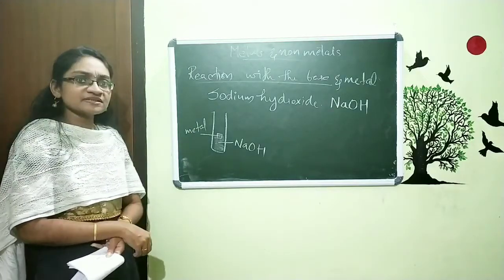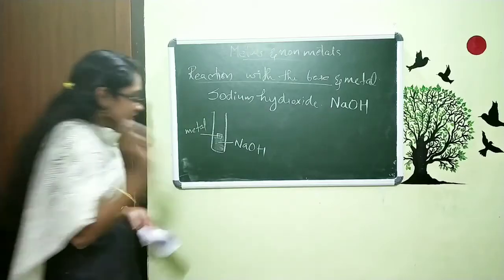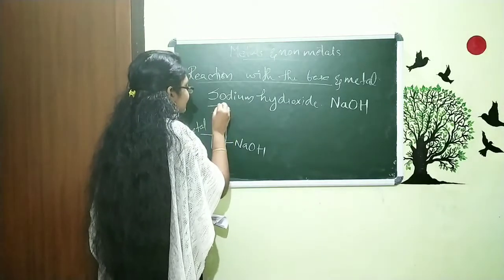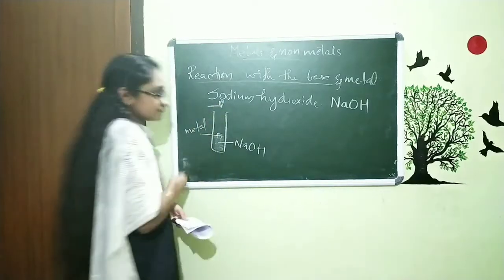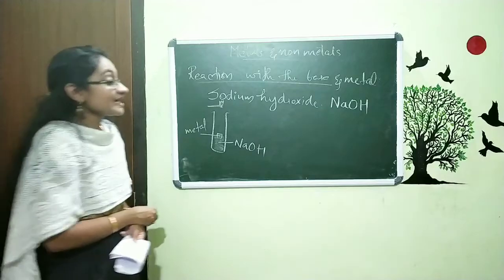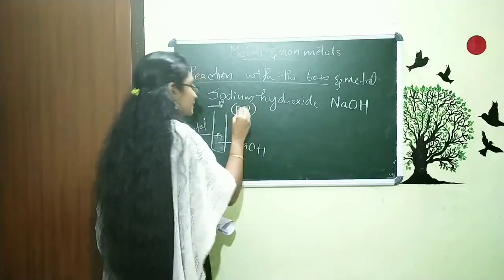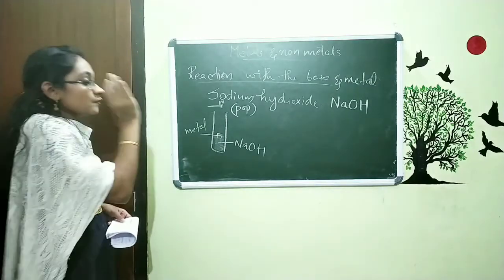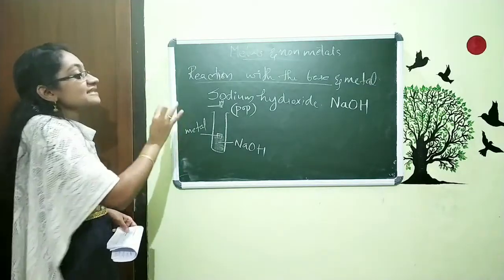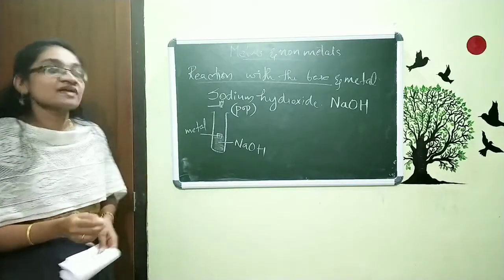So what it means is that here also a certain type of gas forms. Then I take a burning matchstick and put it here. Here also you can see a pop sound, and we can conclude that when a base reacts with a metal, it forms a gas called hydrogen.